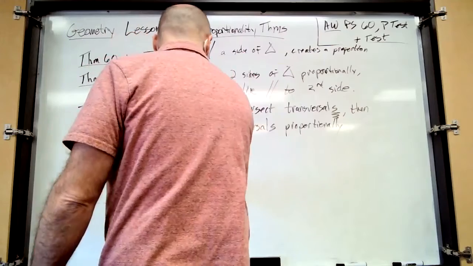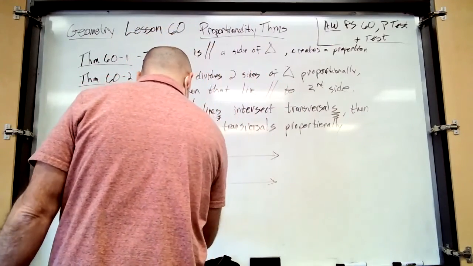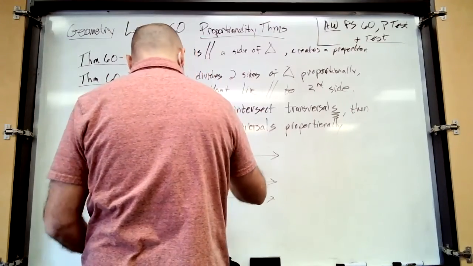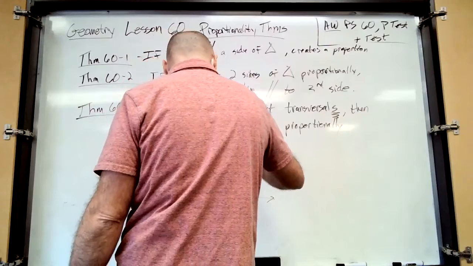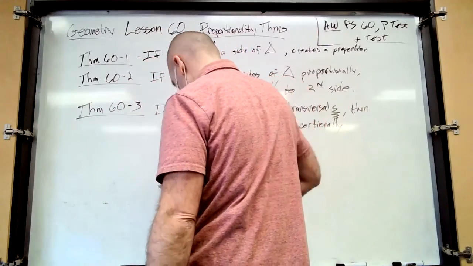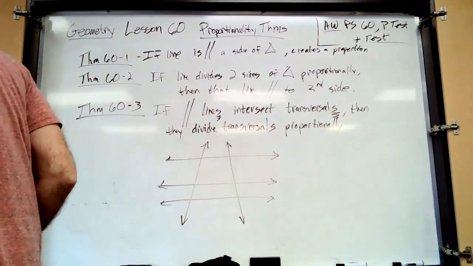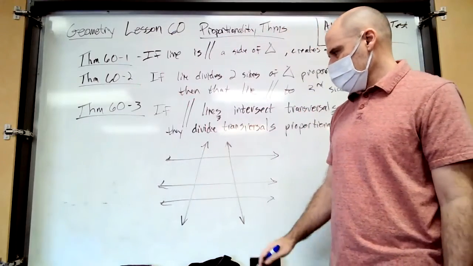Okay, so here's 3 parallel lines. And then here's a couple different transversals that are not necessarily parallel. They could be, but they're not. Okay, and these create proportions.